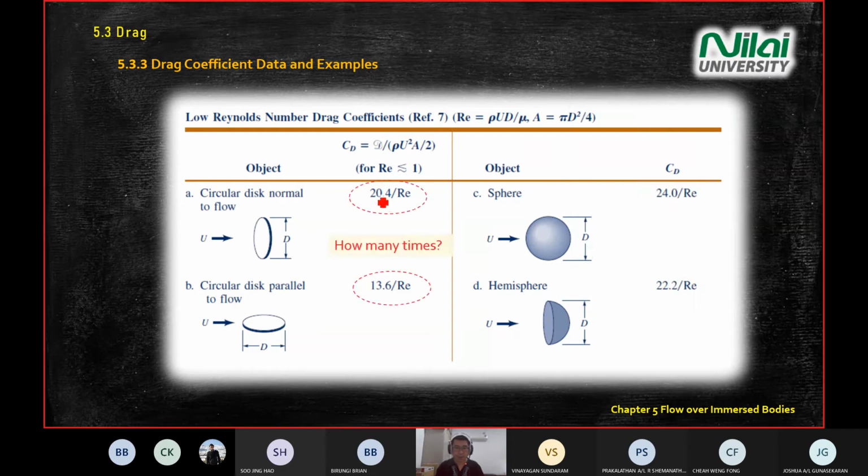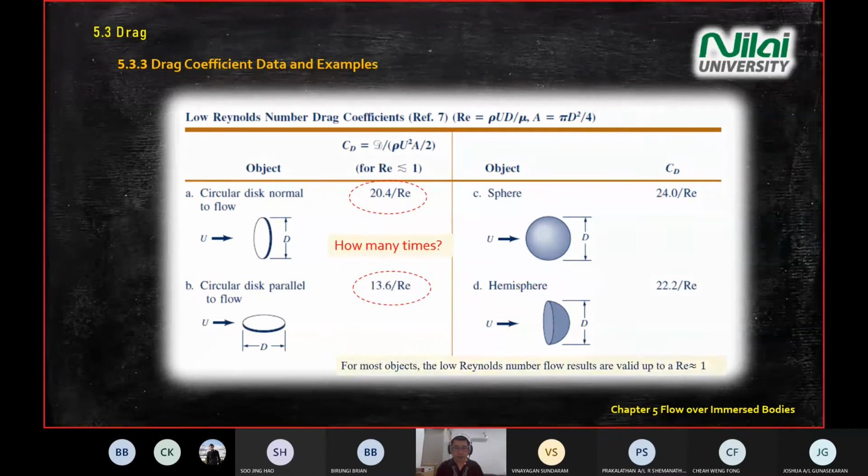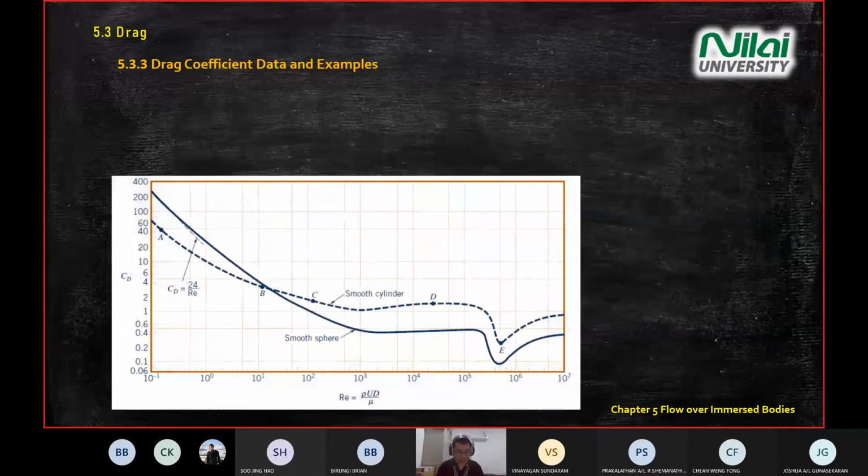So you can see the ratio between these two. Another graph is on the CD, again a general one, against the Reynolds number. On the bottom here is if you increase the speed. Reynolds number can be defined by a few parameters.